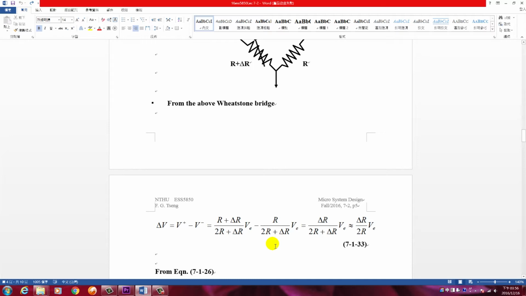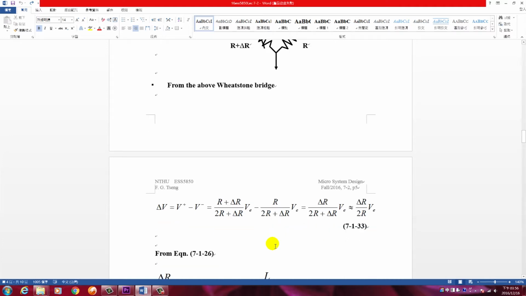However, when we have some deflection, the resistance changes, for example increases. Then V minus will become lower, V plus will become higher, right? So the delta V will become some value.